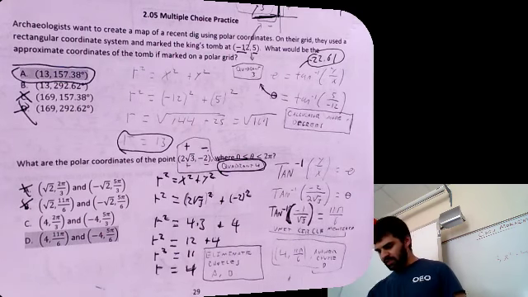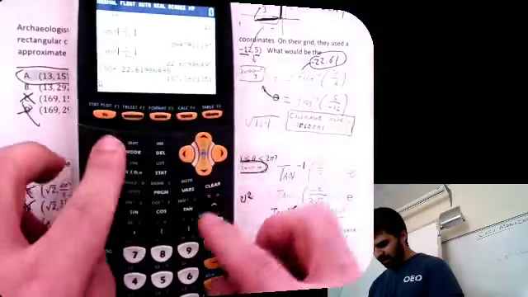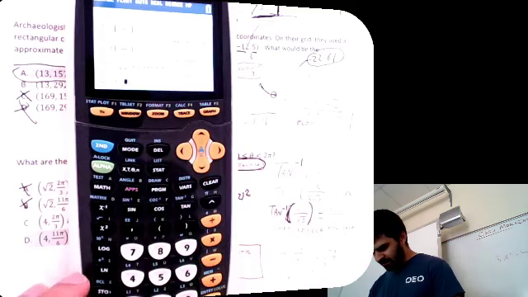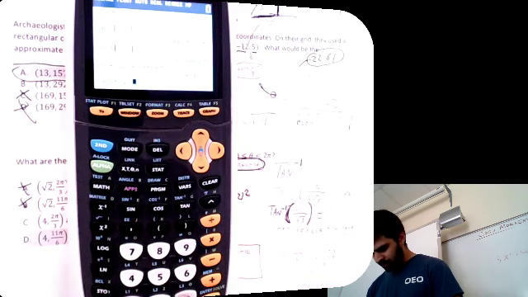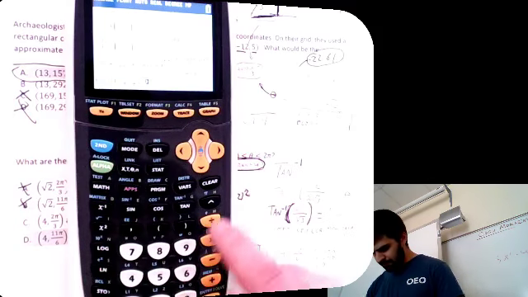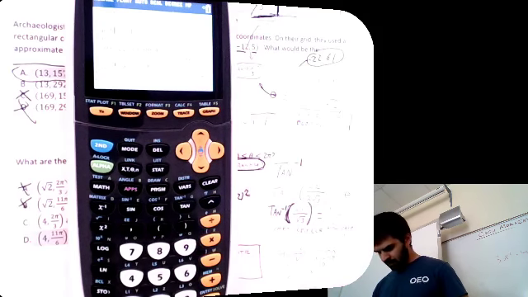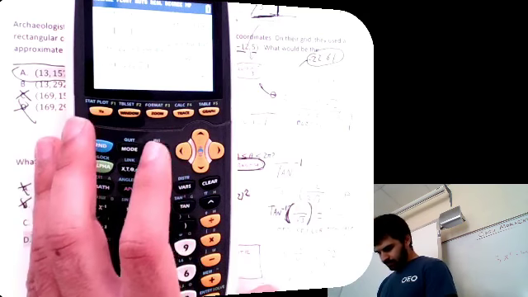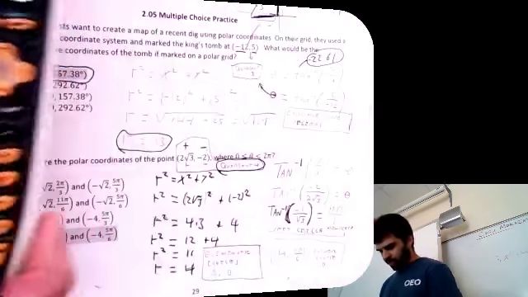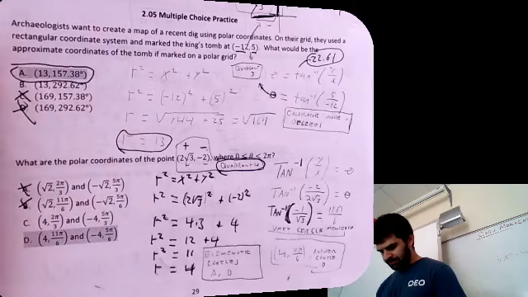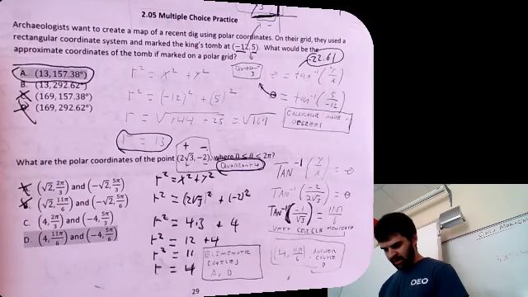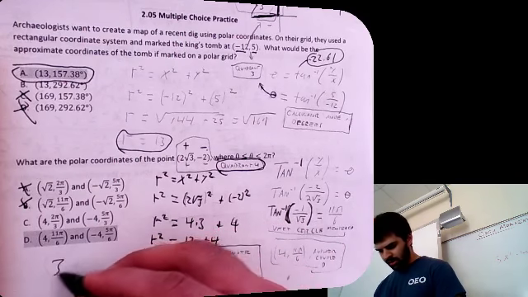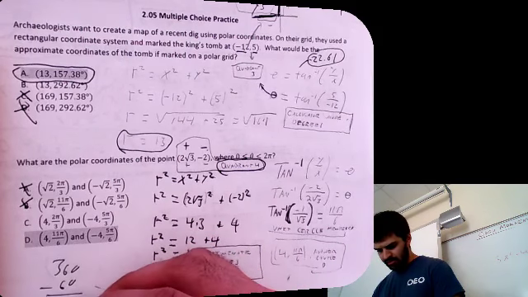Let's say you don't have the unit circle memorized. Then we can just find the inverse tangent of negative 2 divided by 2 times the square root of 3. And so that's going to be negative 60. And because we're in quadrant 4, the degree value for quadrant 4 would be 360 minus 60, which is going to be 300.